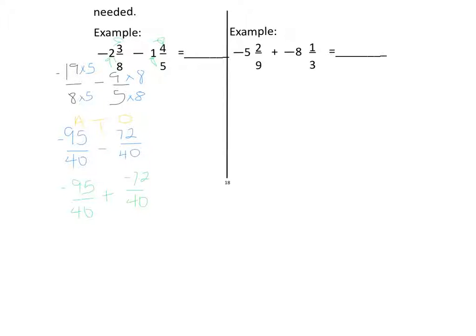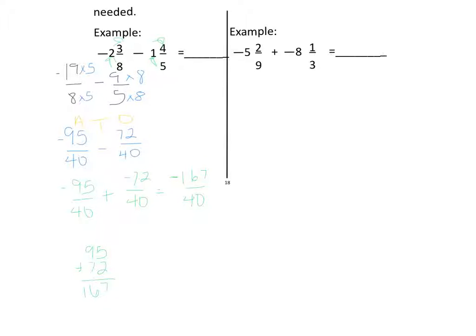95 plus 72 is 167 over 40, and we know we've got to keep the sign negative. So now we have to go through and simplify using our three numbers. We check 2. Can 167 be divided by 2? No. We check 3. Can 167 be divided by 3?